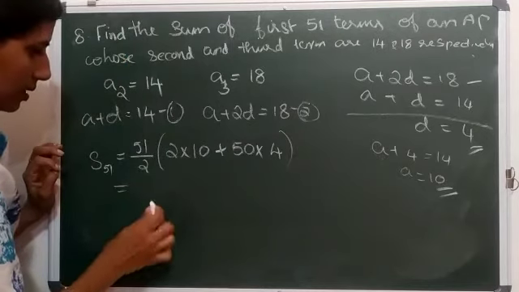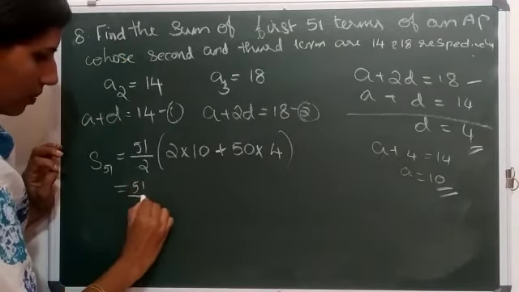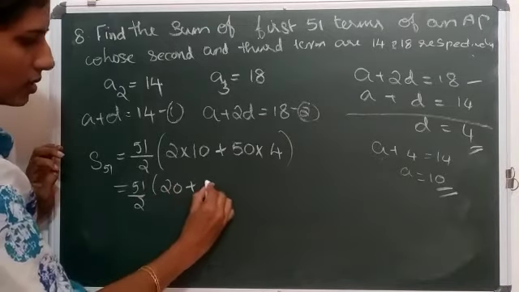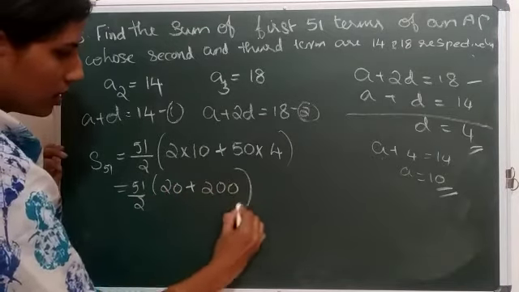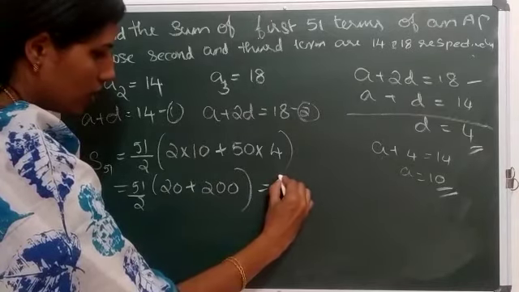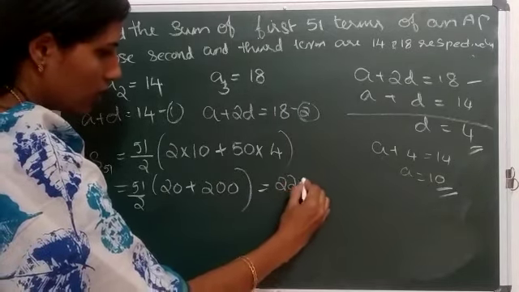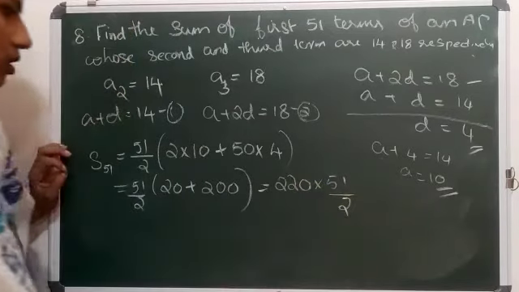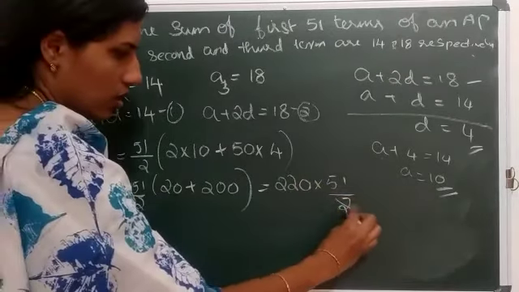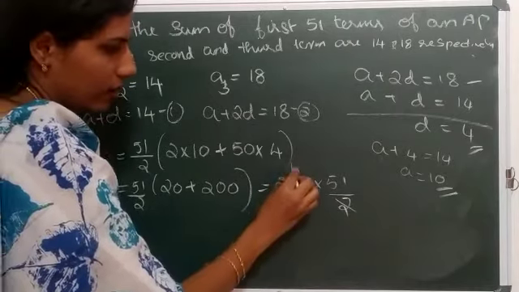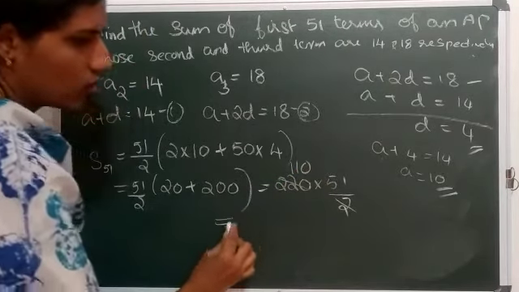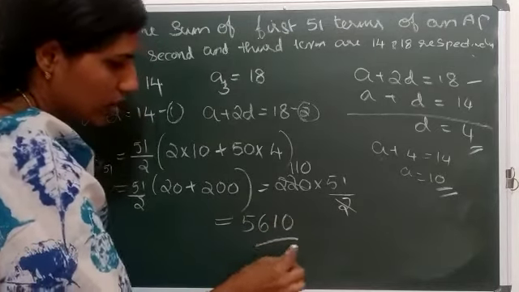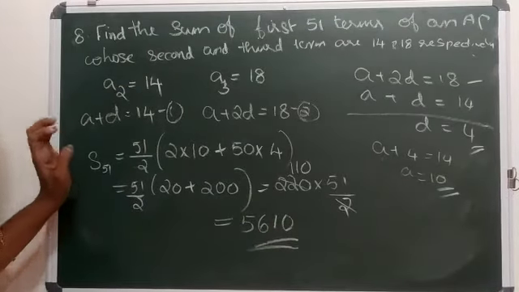So we will get 51 by 2 into (20 plus 200). This is equal to 220 into 51 by 2. The 2 and 220 cancel, we will get 110. 110 into 51 we will get 5610. Okay, is it clear how to do this?